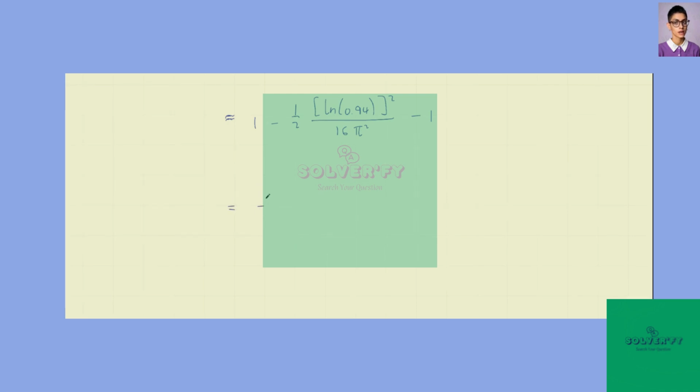And so this is minus a half. We can see 1 minus 1 is equal to 0. That's minus a half times the natural log of 0.94 all squared over 16 pi squared. And so if we calculate this, we get this to be minus 1.2 times 10 to the minus 5.